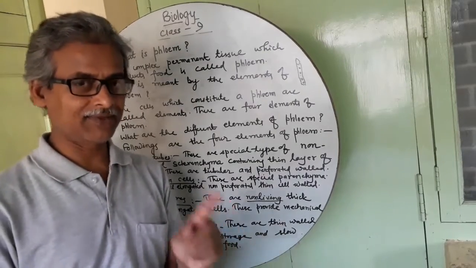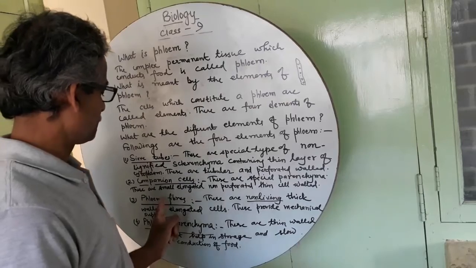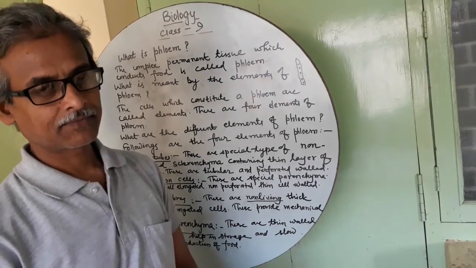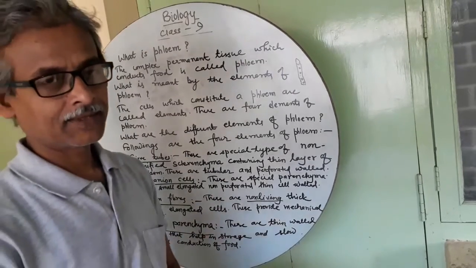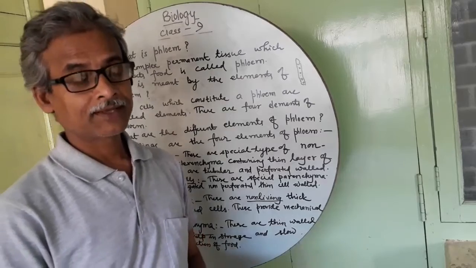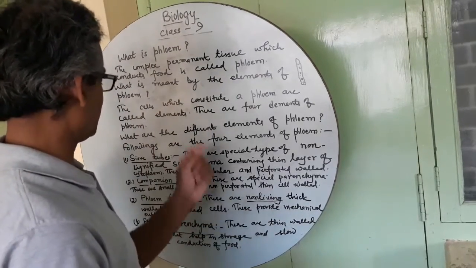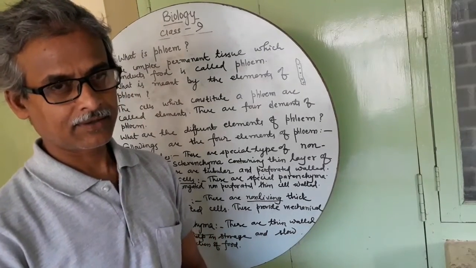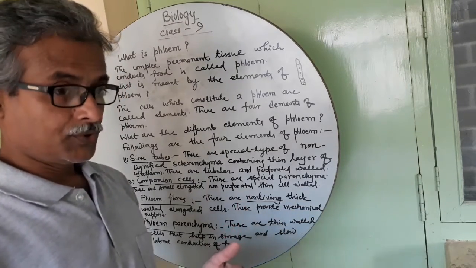These are living cells, while only phloem fibers are non-living. As you have studied, in case of xylem, only xylem parenchyma is living and other three are dead cells, non-living cells.